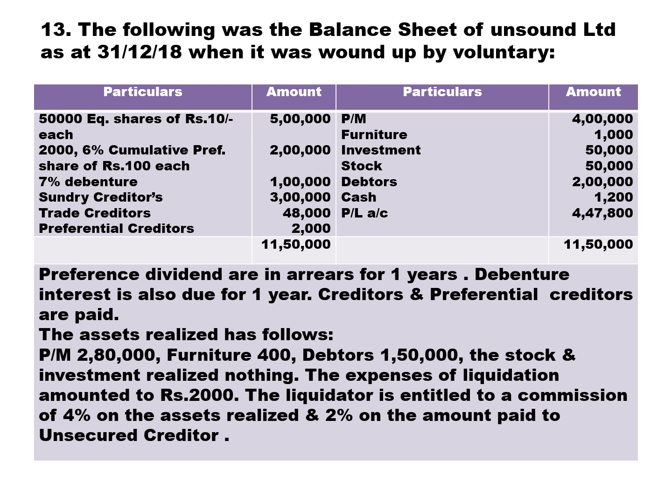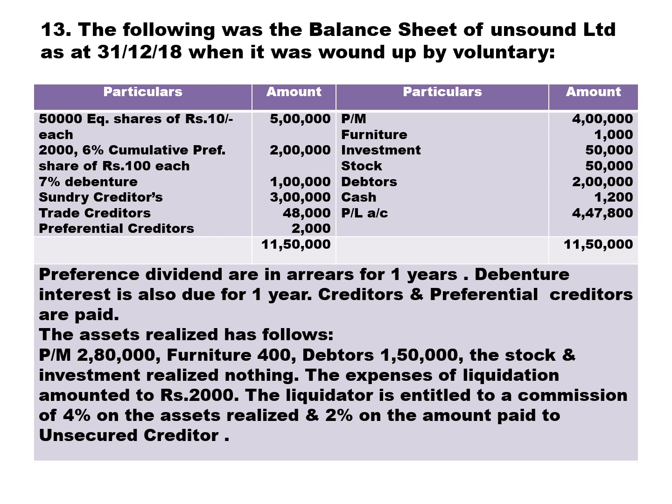We have 7% debentures, sundry creditors, trade creditors, preferential creditors. Plant and machinery, furniture, investment, stock, debtor, cash, profit and loss account. Profit and loss account given in asset side is treated as loss.